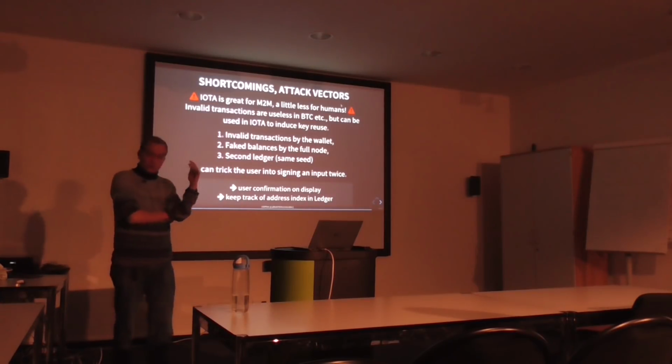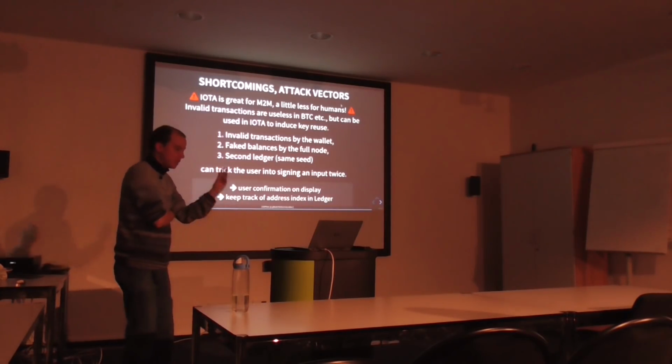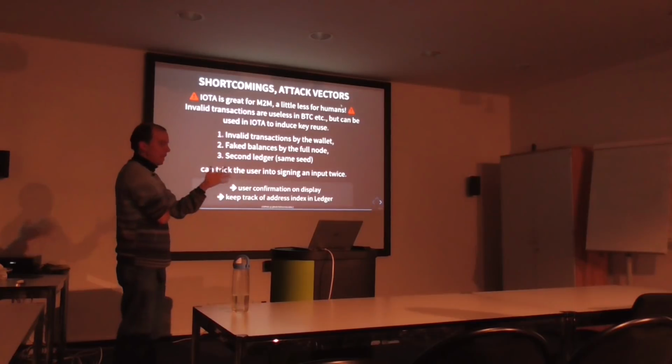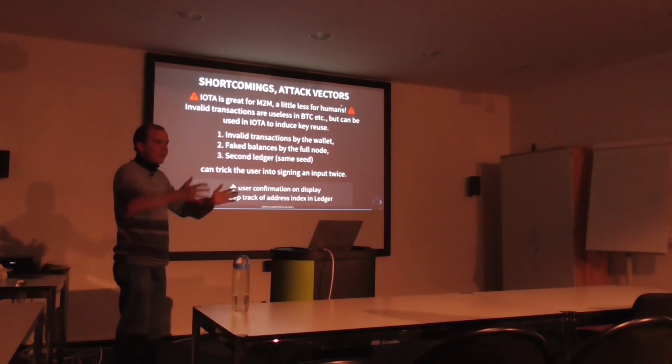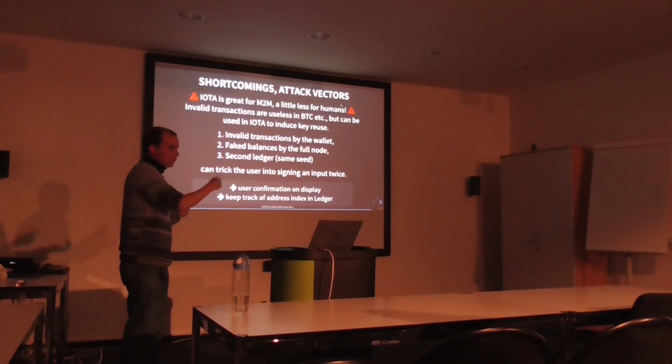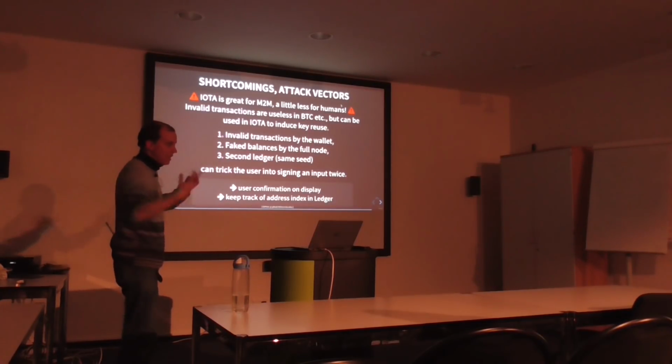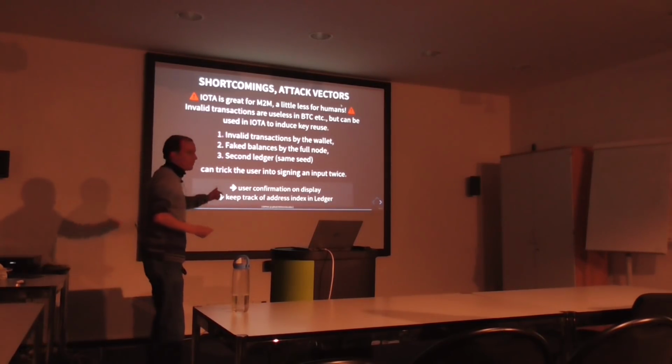For example, due to some hardware malfunction, the transaction is actually completely generated on the ledger, but for some reason does not get back to your computer. Then the ledger thinks, okay, you already spent the money, but you did not. So you want to regenerate the old one, and you can't, because the ledger thinks you're at a different address.